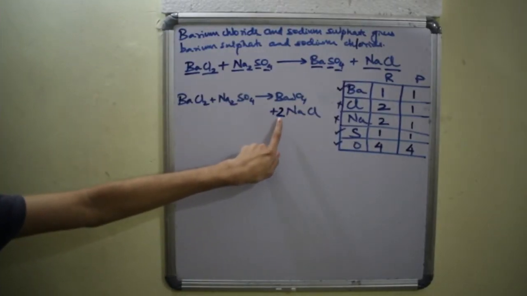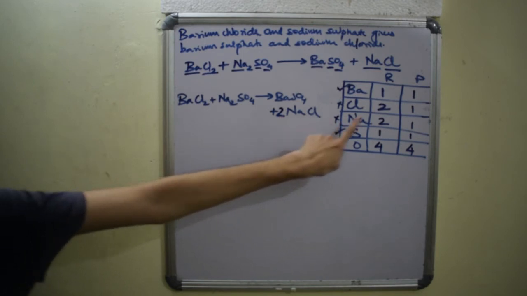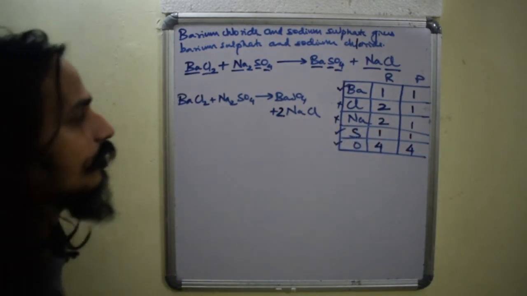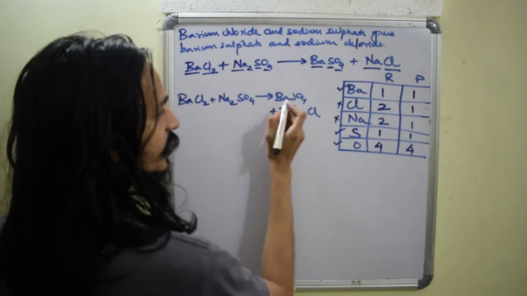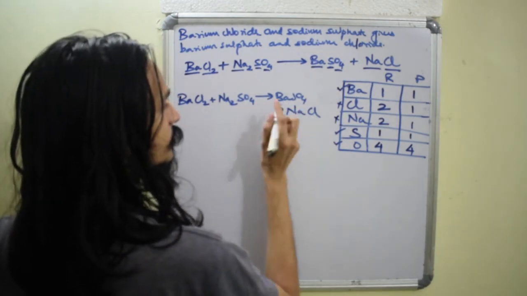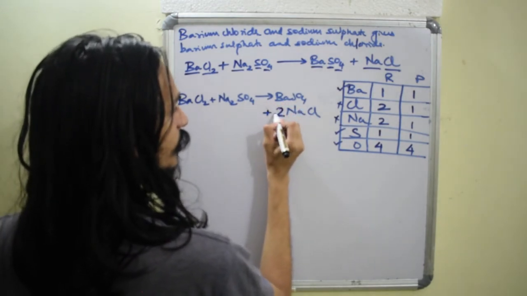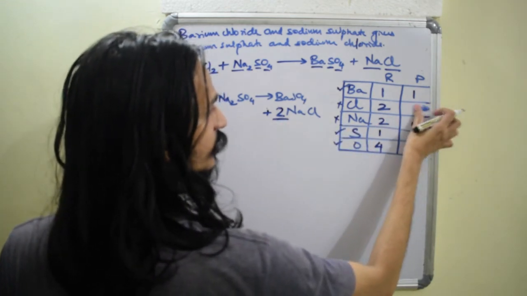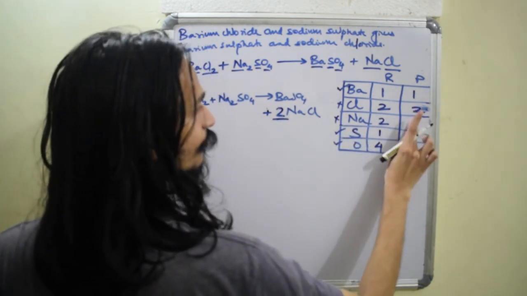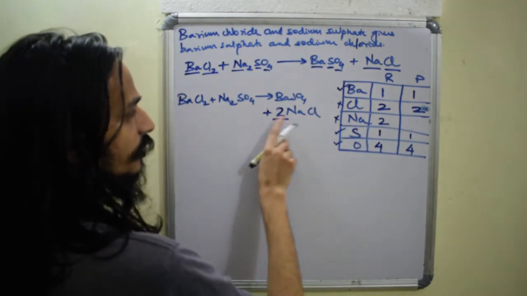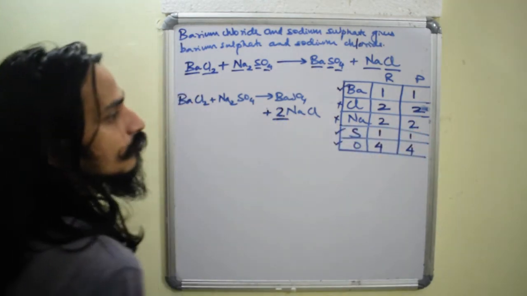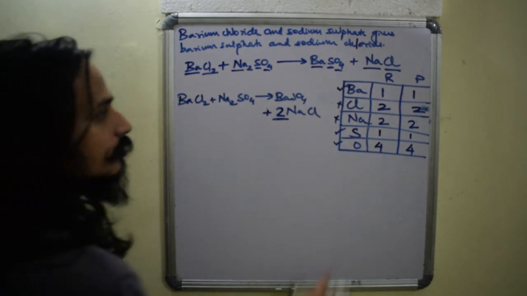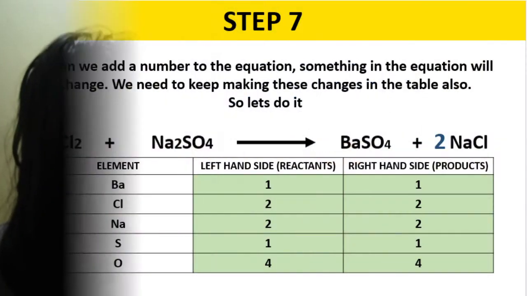Now this sodium has become 2 into 1, which is 2. Once I write this 2 over here, because of this 2, this has become 1 into 2, which is nothing but 2. Same way, even this chlorine, 2 ones, it has become 2.